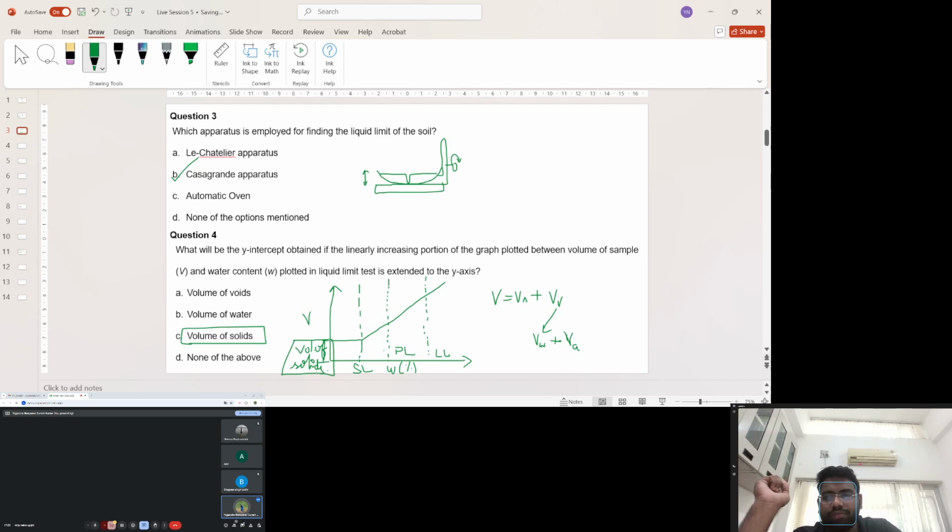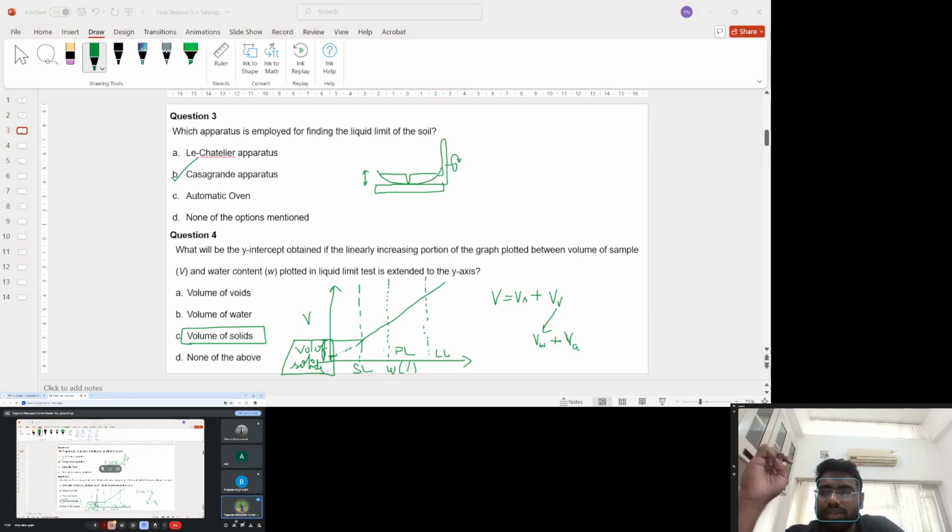You have shown a horizontal line only, you have not extended it. When you extend it, it will not exactly become zero. There will be a minimum point, and that portion is the volume of solids.